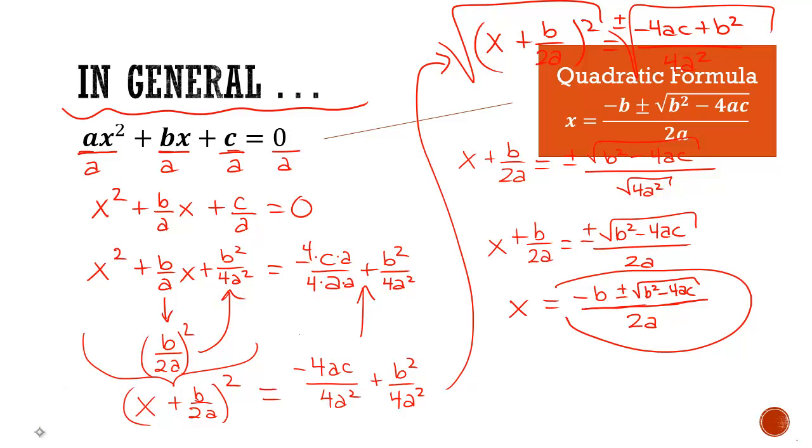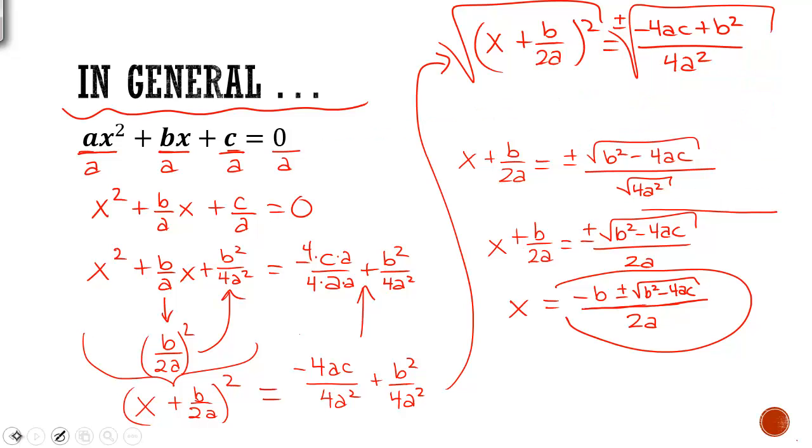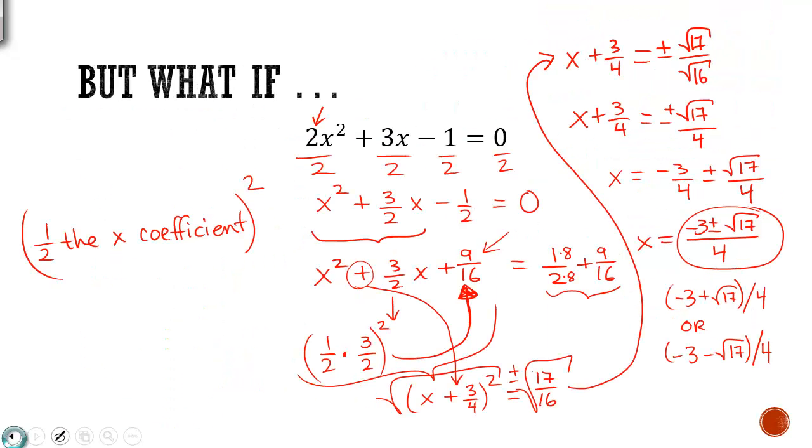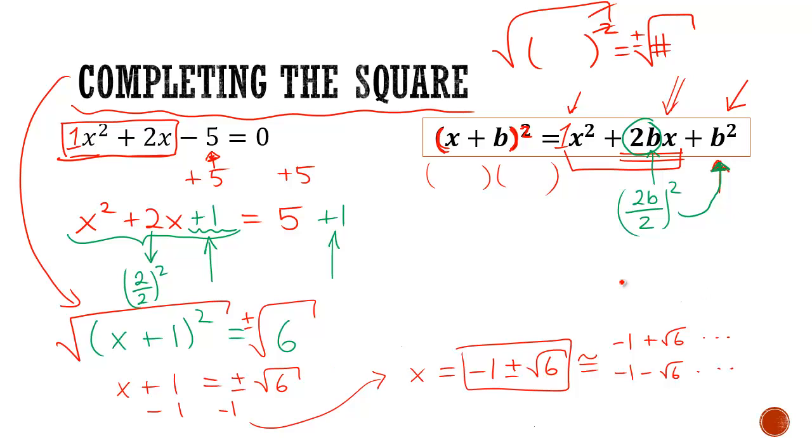And what's very, very special about it is that the inside of the root is called the discriminant. Do you remember in the past example where you had this root 6, for example, left over?